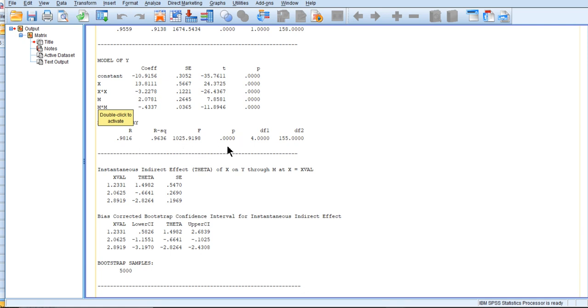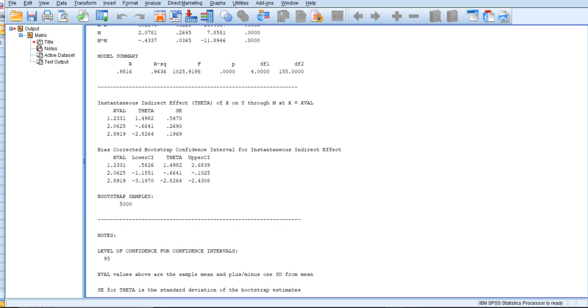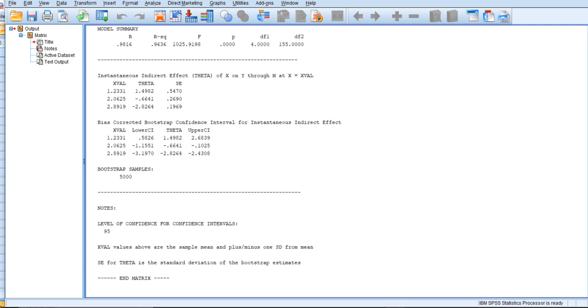Of course, this is an ideal result. But we are interested especially in the instantaneous indirect effects, or theta, when the independent variable has different levels: a small value, a medium value, and a value above medium.